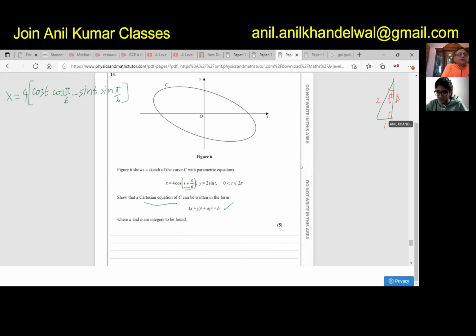And now you can substitute the values. x equals 4 times cos t times cos pi by 6, which is square root 3 over 2, minus sine t times sine pi by 6, which is a half.